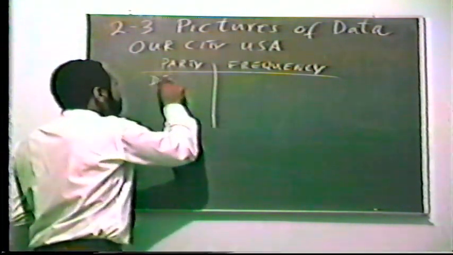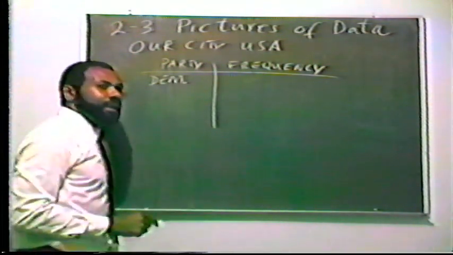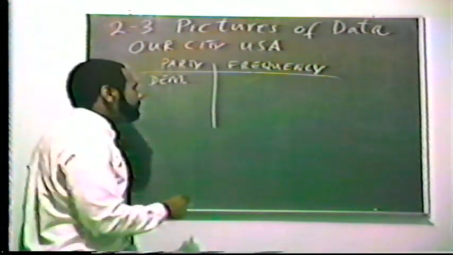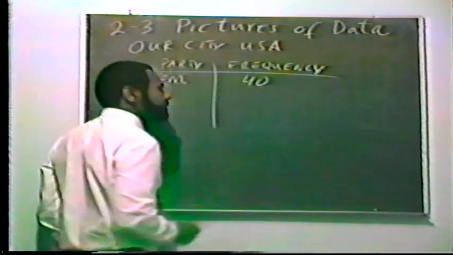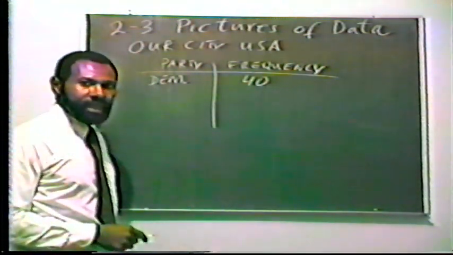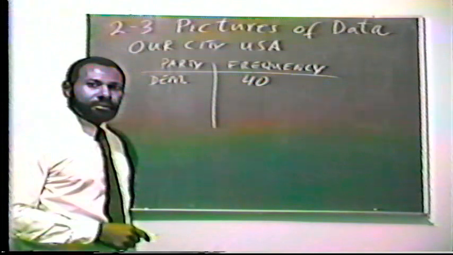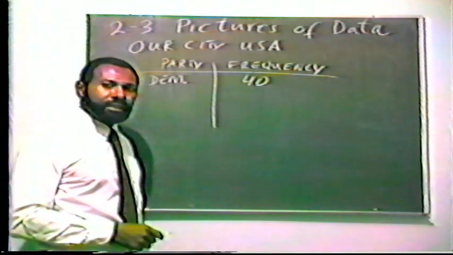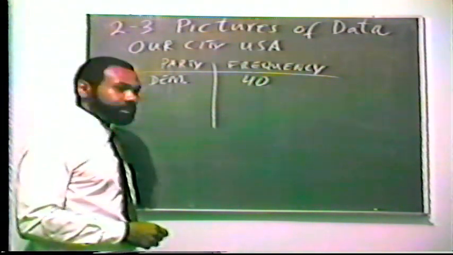from Democrats, they have 40 forms, 40 individuals in the sample. 40 of the individuals are Democrats.